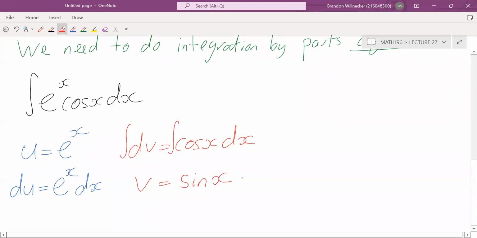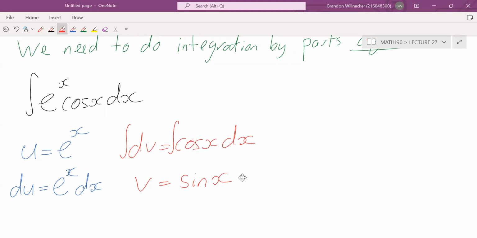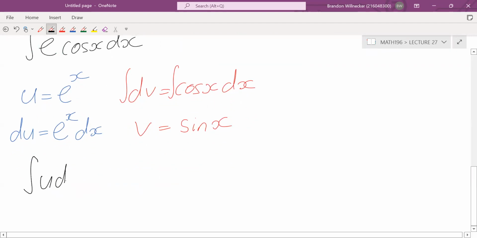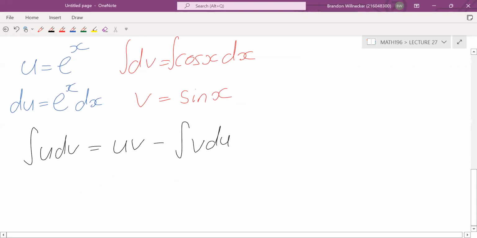Now that we've got these two, we can substitute into the formula one more time. Integral of u dv is equal to uv minus the integral of v du.